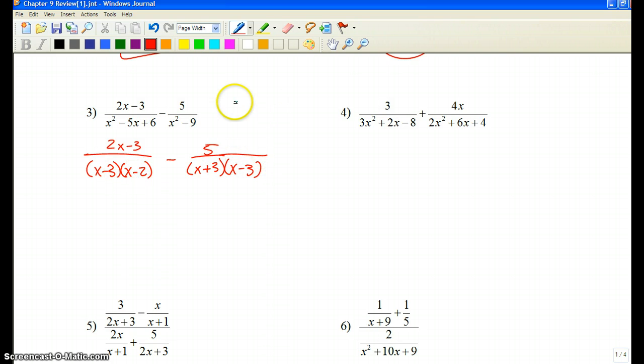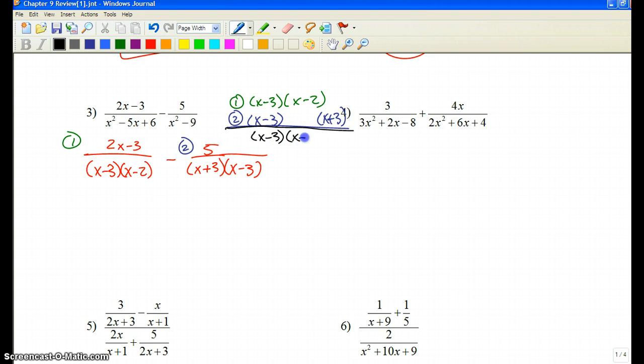Now we'll notice the first fraction has an x minus 3 and an x minus 2. The second fraction has an x plus 3, which isn't the same, and then it has an x minus 3, and that's the same. We're going to line them up so that now we can just go ahead and read straight down. The common denominator would be x minus 3, x minus 2, and then x plus 3.